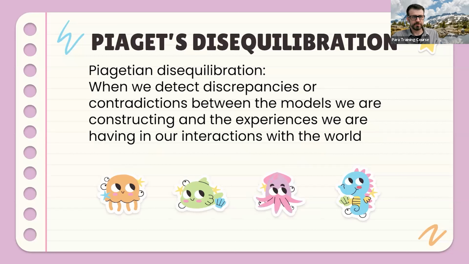This word is always hard for me to pronounce. Here we go. Disequilibration. There we go. Piagetian disequilibration is when we detect discrepancies or contradictions between the models we are constructing and the experiences we are having in our interactions with the world.